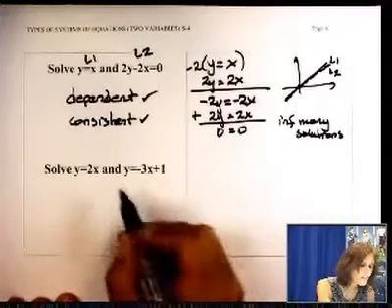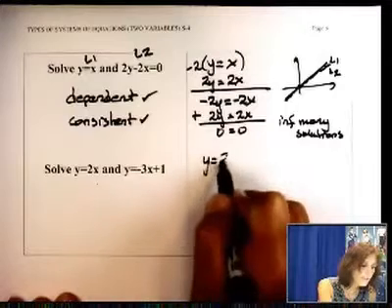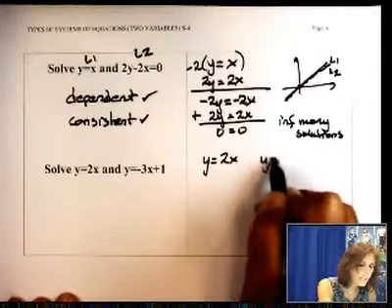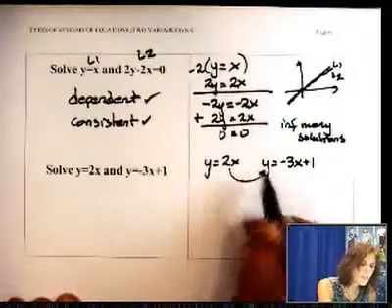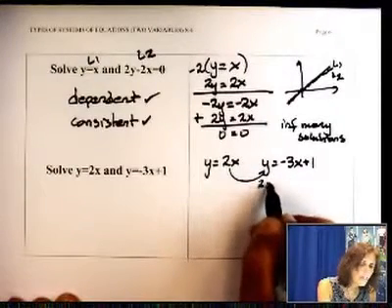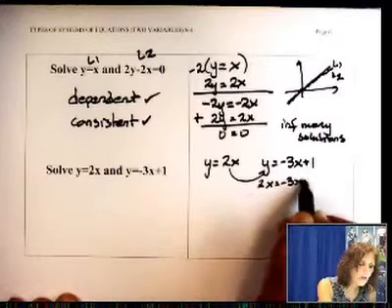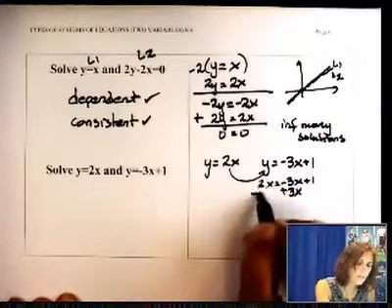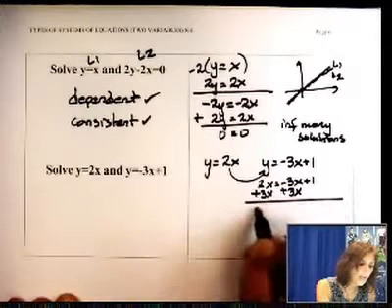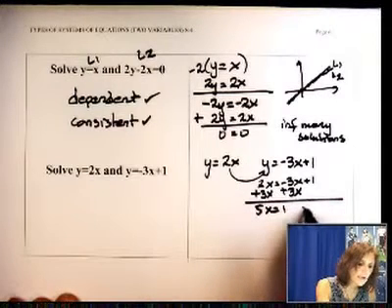All right, let's look at y equals 2x. I'll do that with substitution. y equals 2x. y equals negative 3x plus 1. So let's put that 2x in here and solve. 2x equals negative 3x plus 1. Let's move 3x to the left. I have 5x equals 1. x equals 1/5.